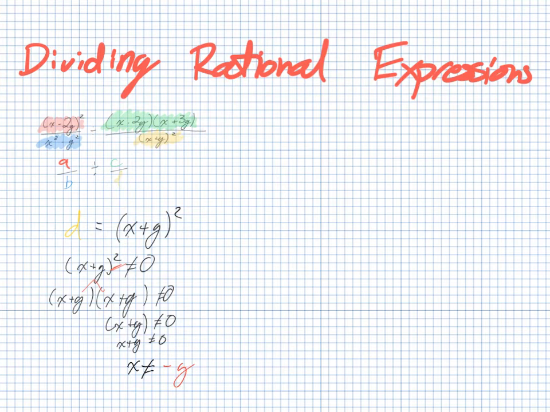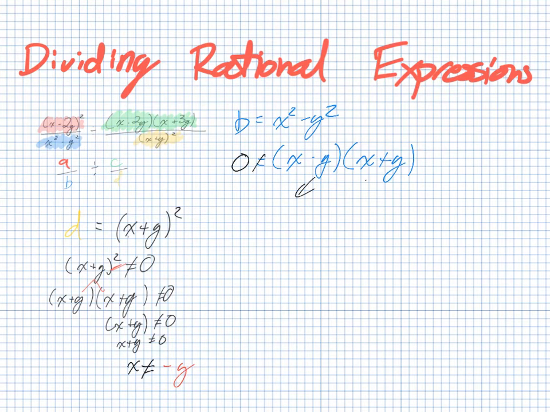On the other side of our equation, let's talk about B for restriction. B is equal to x squared minus y squared. This is actually a difference of squares. So I'm going to factor this one. When we factor it, we get x minus y, x plus y. Do you remember a difference of squares? Does that factoring make sense? So we have a difference of squares, and our restriction says that they just cannot equal 0.